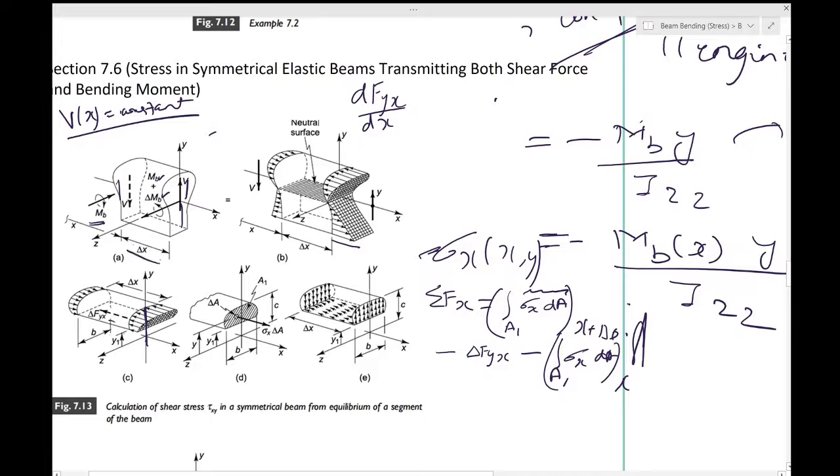When delta x tends to 0, you will be able to write minus dMb by dx, 1 by Izz, integral over A1 of y dA.